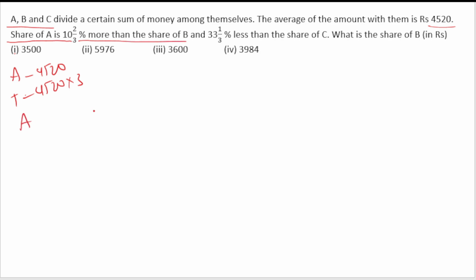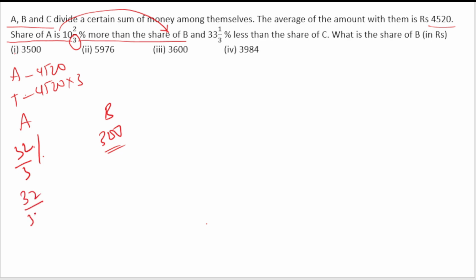So here we will take A share and B share. See, A's share is dependent on B's share. So we will assume the B share as 300 because here we have 2/3. In the denominator we have 3, so we will take a 3 multiple, that is 300. And A's share is 10 2/3% more than 300. So it is 32/3% more than 300.